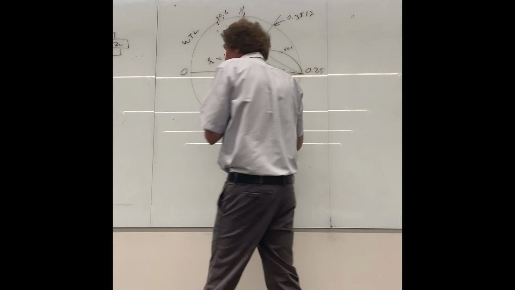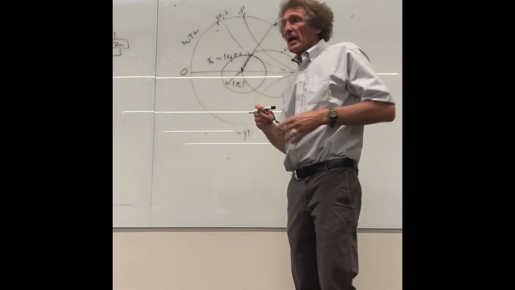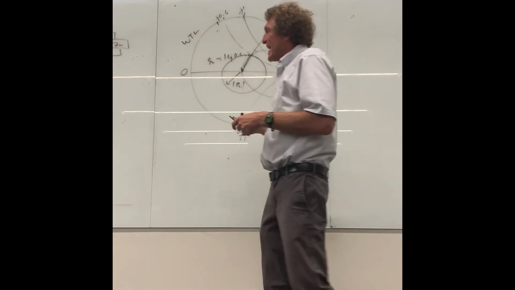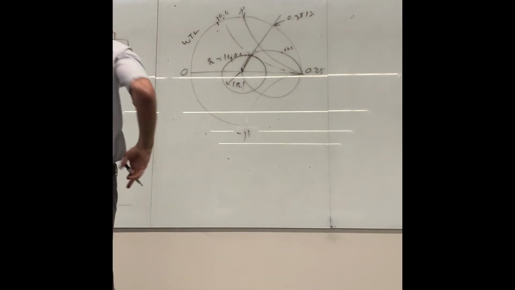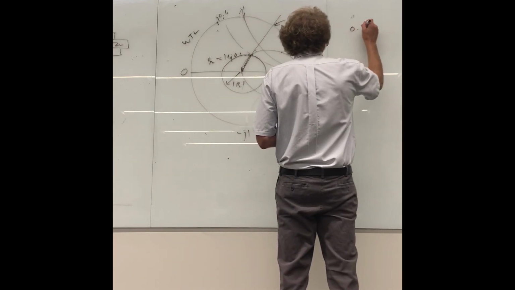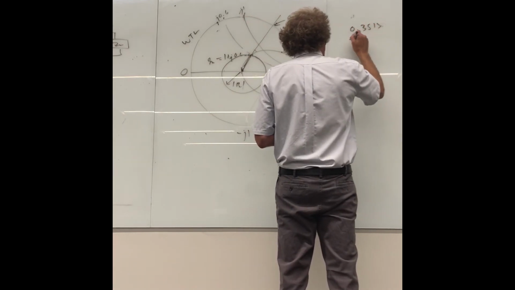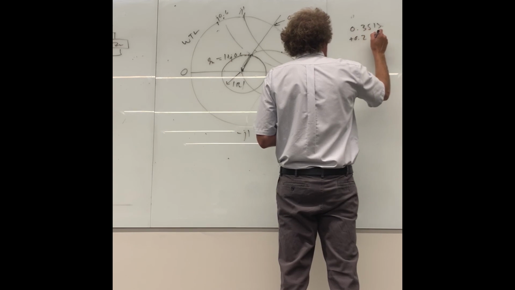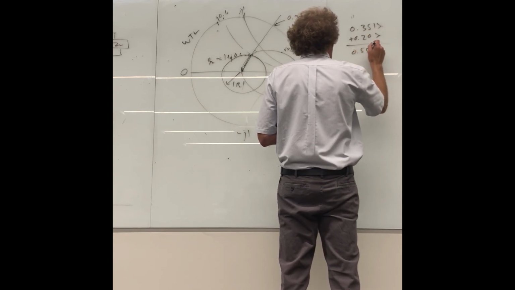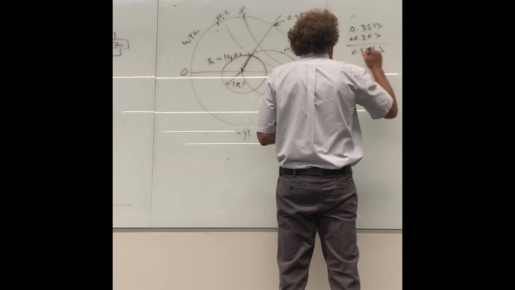0.351 lambda, right? Now you're going to look, this is the way it increases, see? Then you're going to add to it the length of the line, which is 0.2. So when I take 0.351 lambda plus 0.20 lambda, I get 0.551 lambda, correct?